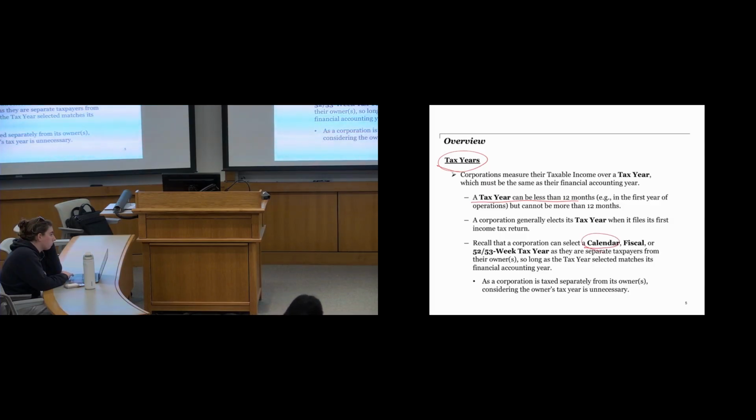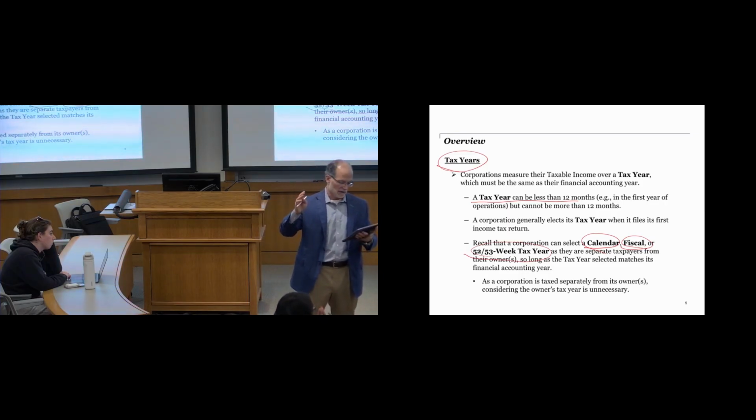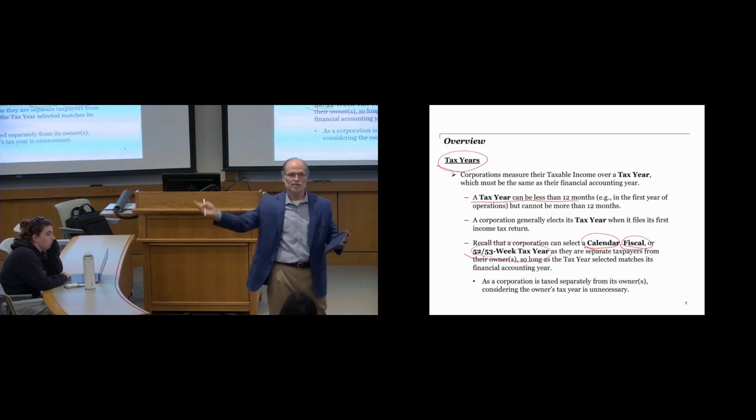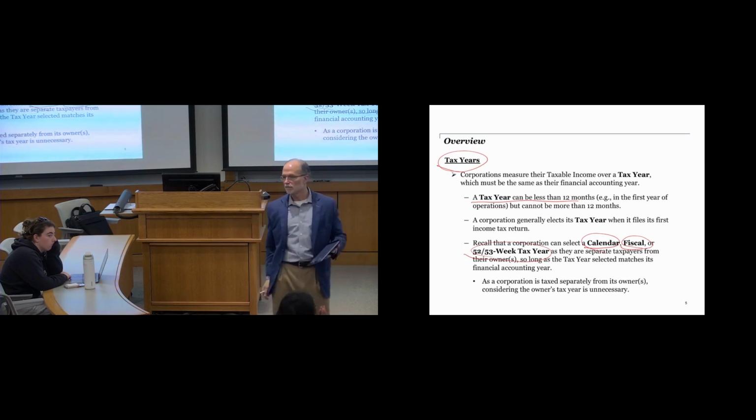A corporation can be calendar, which is the most common, fiscal, which is the next most common, or it can be that weird 52-53 week year, which ends on the day closest to the end of the month, which can vary by the year you're in.